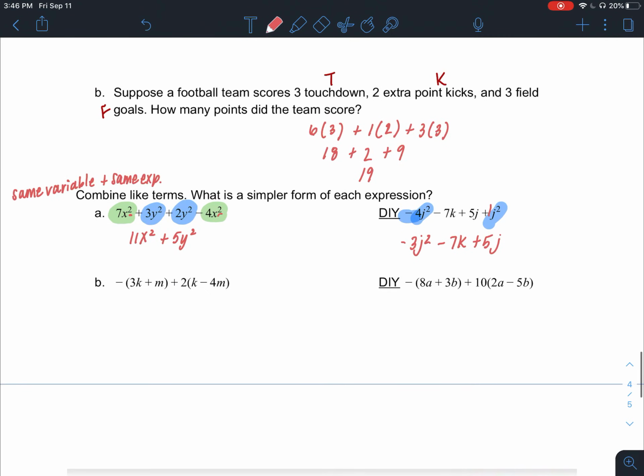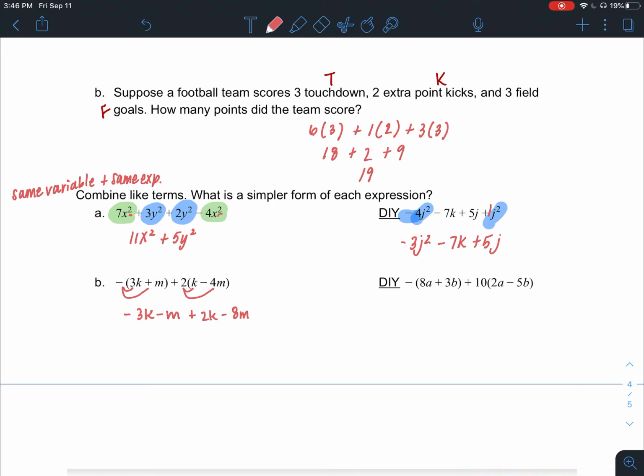Next, we have negative 3k plus m plus 2 times the quantity k minus 4m. First, we want to distribute to get rid of any parentheses. So I get negative 3k minus m plus 2k minus 4m. Oh, wait, I forgot to distribute. 2 times 4 is 8, so I get minus 8m.